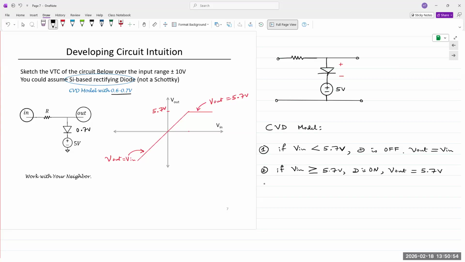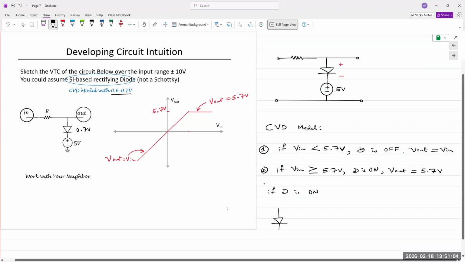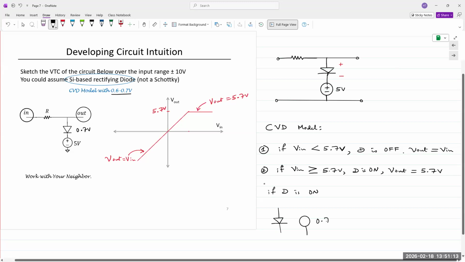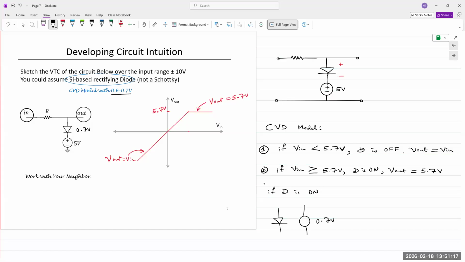Right. So when it's on, a diode is replaced with a constant voltage source of 0.7 volts. That's the constant voltage drop model.